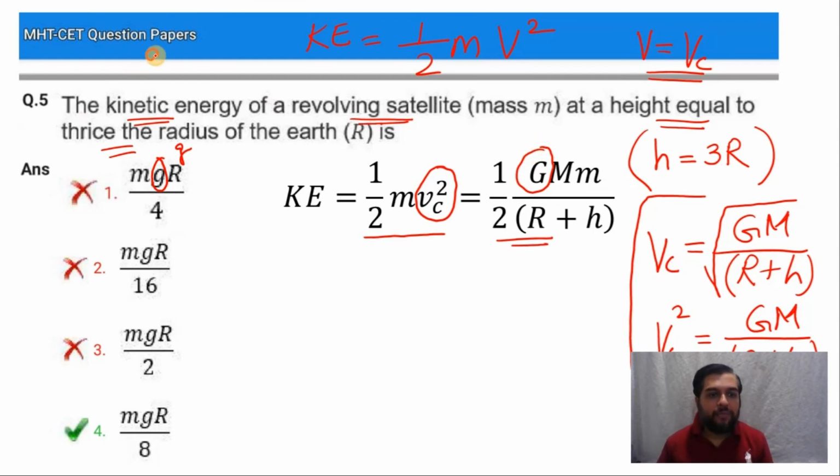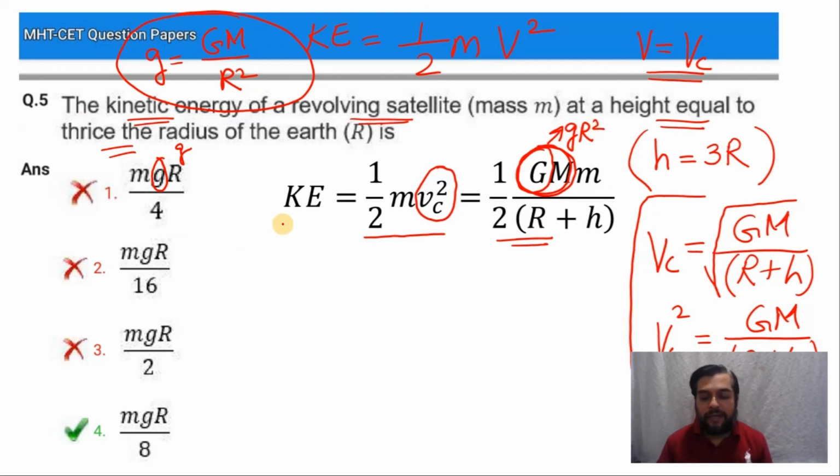There was a formula, small g on the surface of the earth is given as what? Capital G M upon r square. This formula you know. Okay, and here small g is the acceleration due to gravity on the surface of the earth. So if small g is GM upon r square, then this entire GM will become g r square, right?